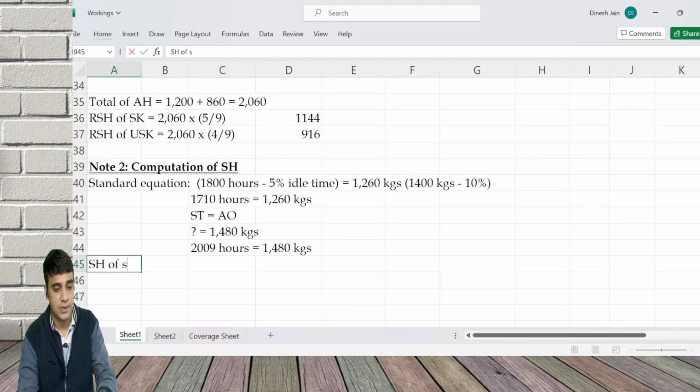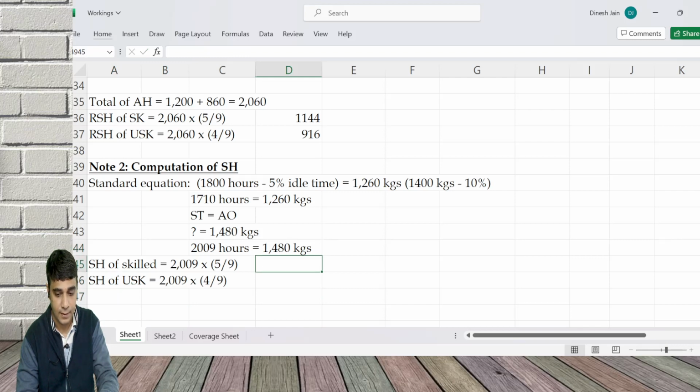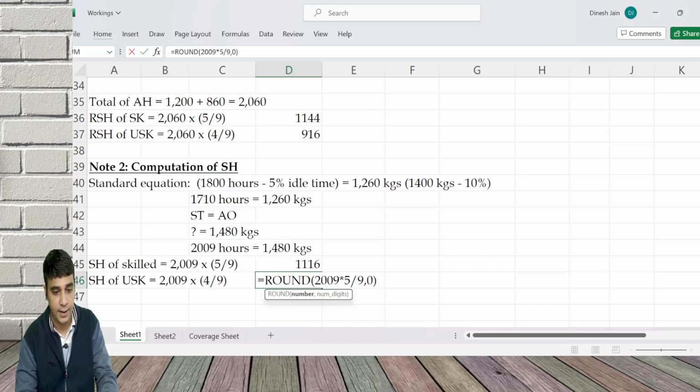SH of skilled: 2009 into 5 by 9. SH of unskilled: 2009 into 4 by 9.